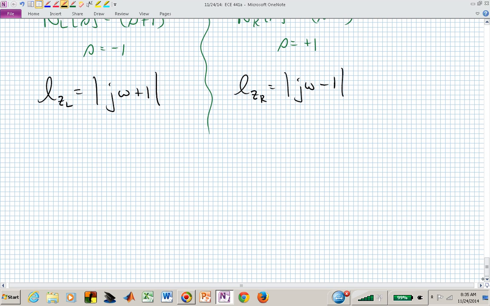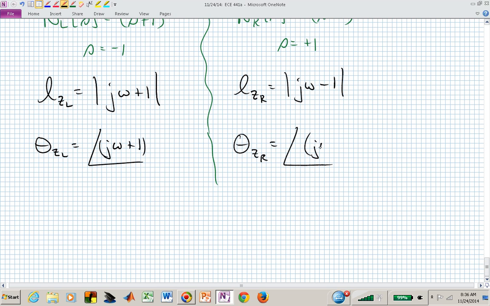Then if we wanted to look at the phase, that's now the angle associated with j omega plus 1, and over here, this is now the angle of j omega minus 1.